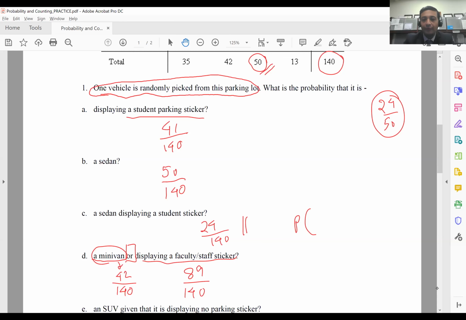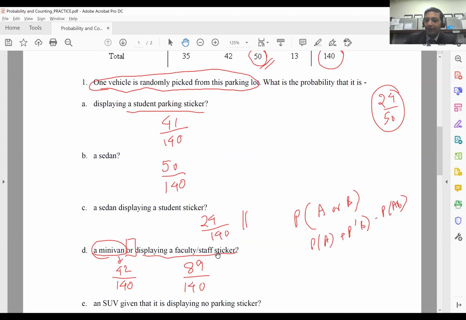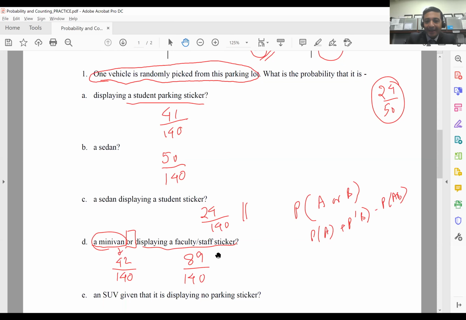Probability of A or B is probability of A plus probability of B minus if there is anything common between them, right? So probability of a minivan or probability of a car displaying a faculty staff sticker would, as Ping said, be a plus.